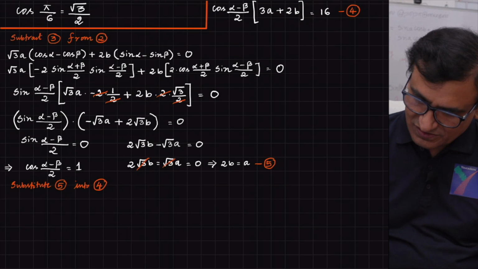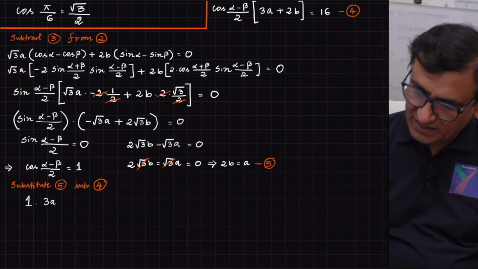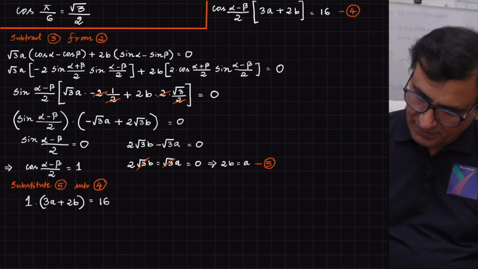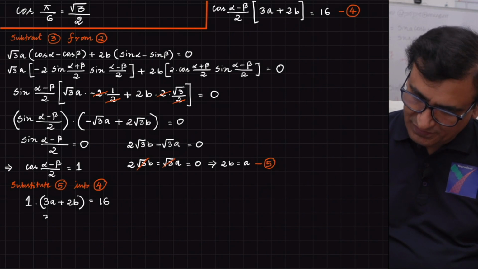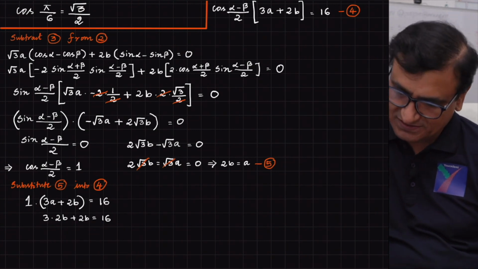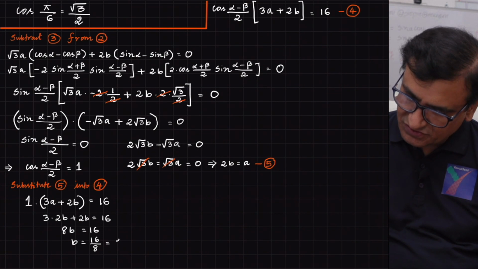So that will give us 1 multiplied by (3a plus 2b) equals 16. But a equals 2b. So 3 multiplied by 2b plus 2b equals 16. So 6b plus 2b, that is 8b equals 16. So b equals 16 by 8, that equals 2.